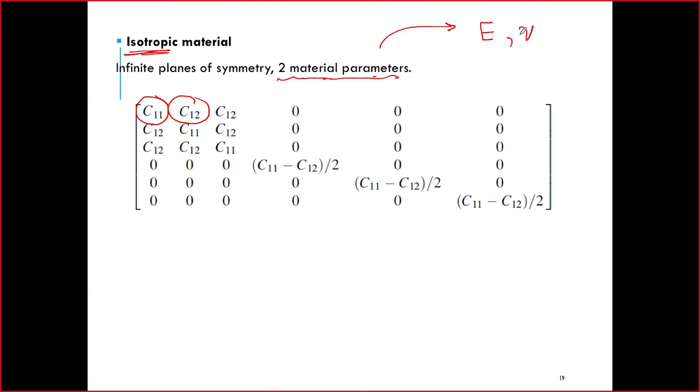That is, you recall that for an isotropic linear elastic material, we just need 2 material parameters to define it. Or usually we take those 2 material parameters to be the Young's modulus and Poisson's ratio. Now I've just shown you that when we started from the definition of continuum mechanics, starting from fundamentals, we are looking at this stiffness tensor, and these 2 components of the stiffness tensor are the material parameters we need. Just to point out, and we'll see shortly that these 2 are not equal to E and nu, there's something else, okay.